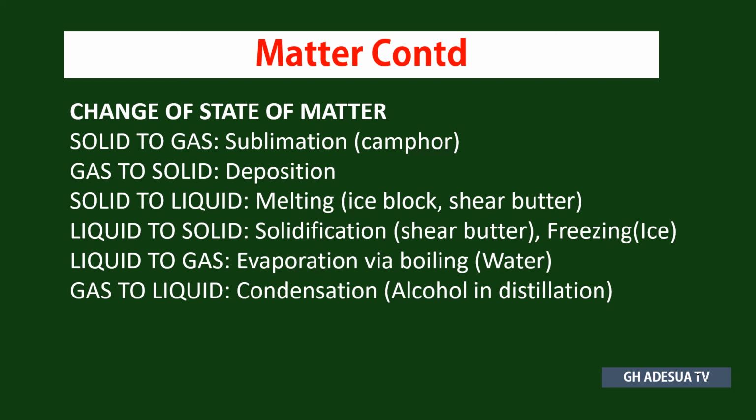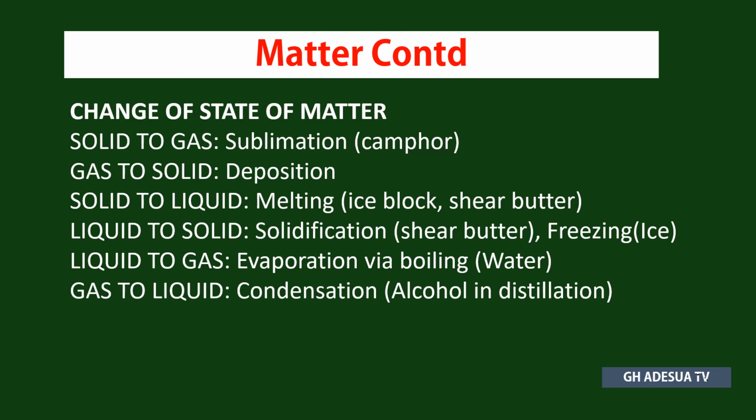So let's start. When you convert from solid to gas, it is called sublimation. You take camphor or naphthalene ball, that white ball that we use to ward off ants in our rooms.